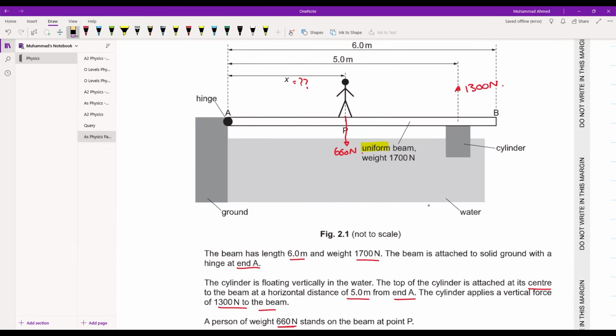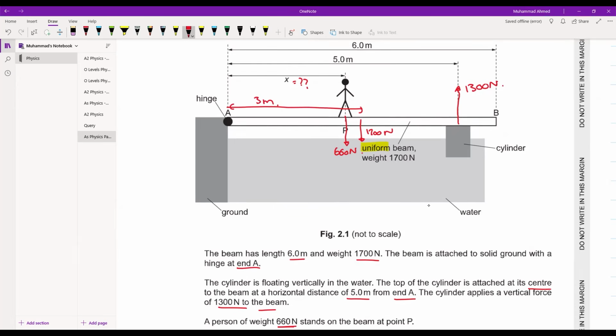If the weight of the beam is acting in the middle, let's say like this, 1700 newton, the total length of the beam is 6 meters. If the weight is acting in the middle, the distance from hinge A will be 3 meters.